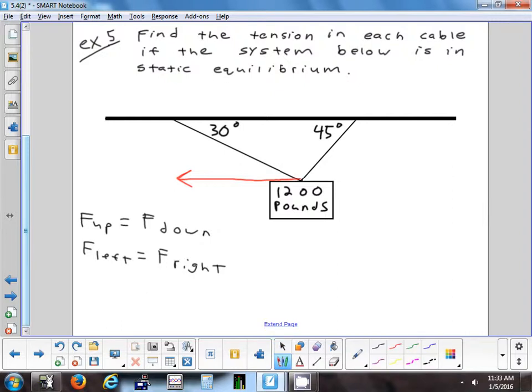If it wasn't pulling up, this 1,200 pounds would be falling to the floor. Exactly the same thing with the cable on the right. It's pulling to the right, because if I cut it, the weight would swing left. So it's pulling right, and it's pulling up. These are both 90-degree angles. Any questions so far?